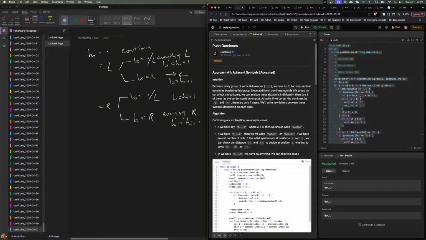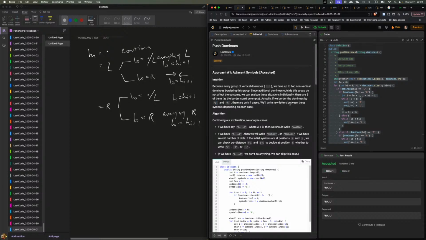Since additional dominoes outside this group do not affect the outcome, we can analyze these situations individually. There are 9 of them, as the border could be empty. Actually, if we border the dominoes by this, there are only 4 cases. Yes, so we shall do that.